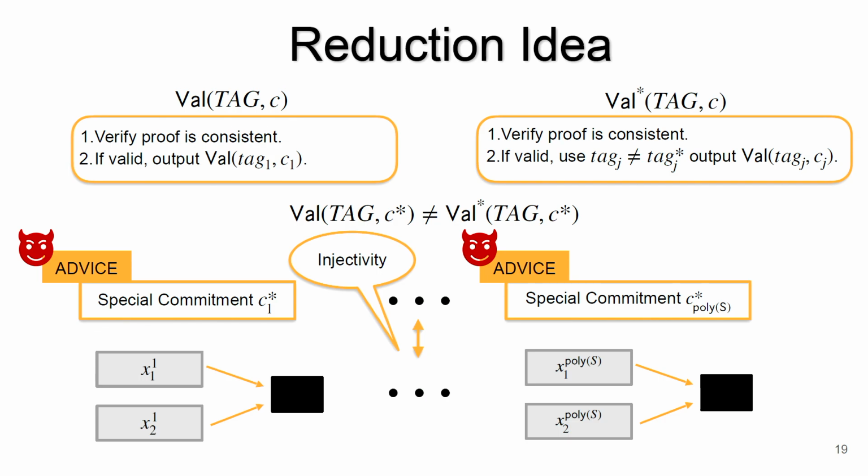And this injectivity is important, because if this didn't exist, then even given a constant number of collisions, there could be exponentially many of these bad commitments. So to set up an efficient relationship between your advice and the number of collisions that you output, you need this sort of injectivity property. And this is the main core technique that we introduced in our paper.